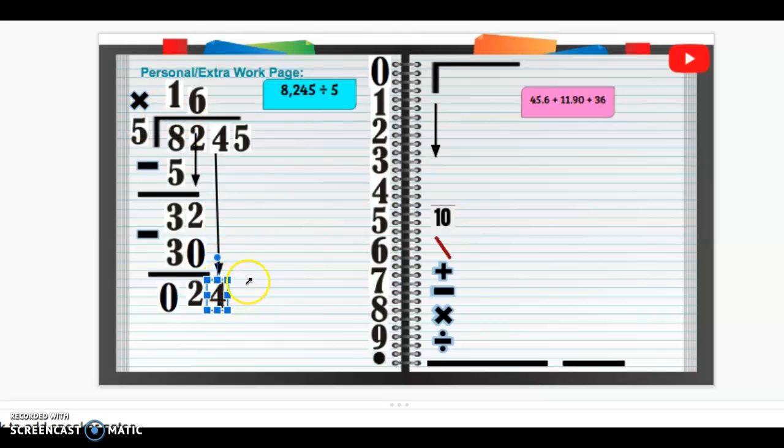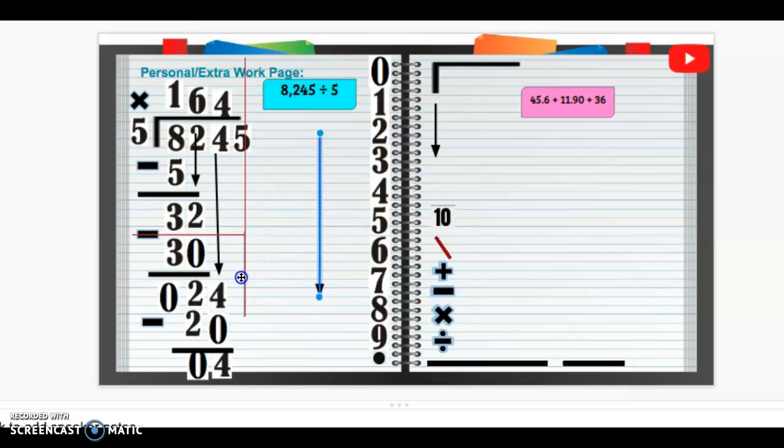How many times is 5 going into 24? 5, 10, 15, 20, 25. So that's too many. So it's 4. Gives me 20. Then I subtract. 4 minus 0 is 4. 2 minus 2 is 0. Then I gotta bring down my 5. And then how many times is 5 going into 45?